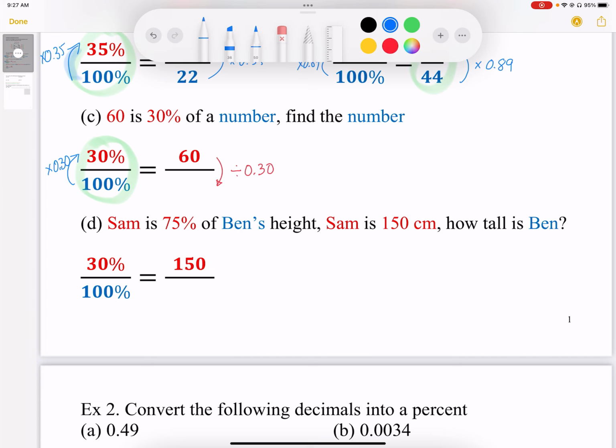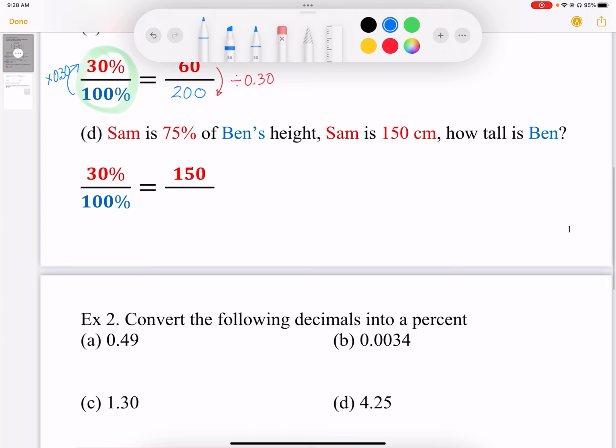So 30 out of 100 is the same as 60 out of 200. So the number is 200.